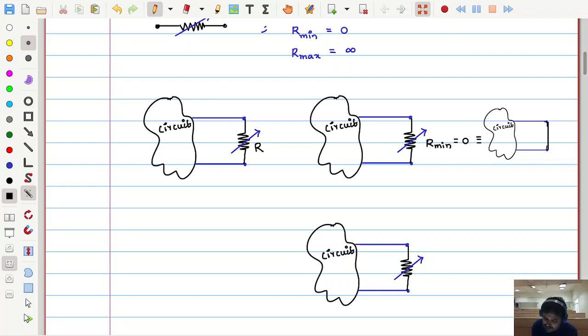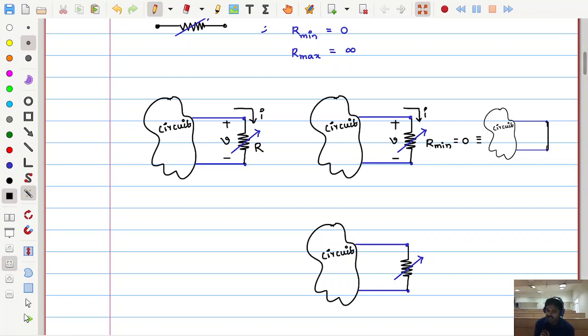Now let me indicate some more things across this. If the voltage across this resistance is V, and the current flowing through this is I, then here also the same thing is carried: voltage across this is V and current flowing through this is I.